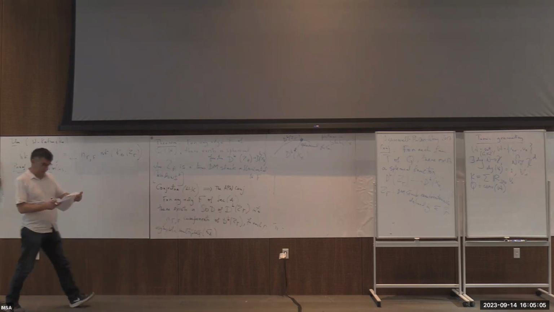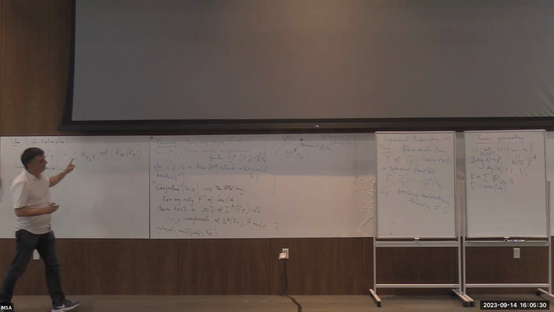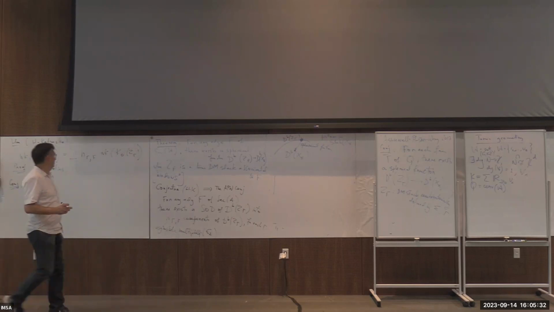I think I have 5 more minutes, maybe. So now let me state the conjecture, which is true. I'm not sure, they might need some extra conditions, but in fact, there is an analog of the first type of spherical functor.